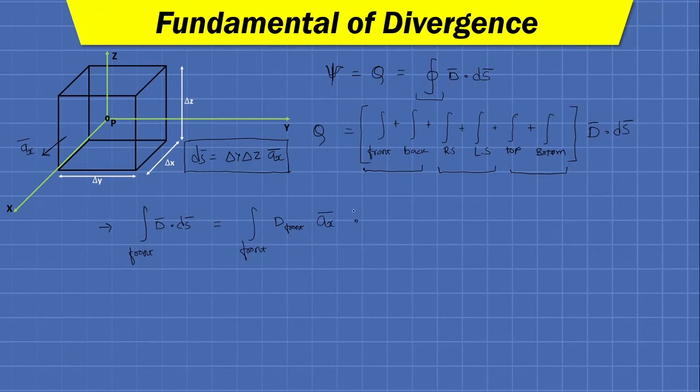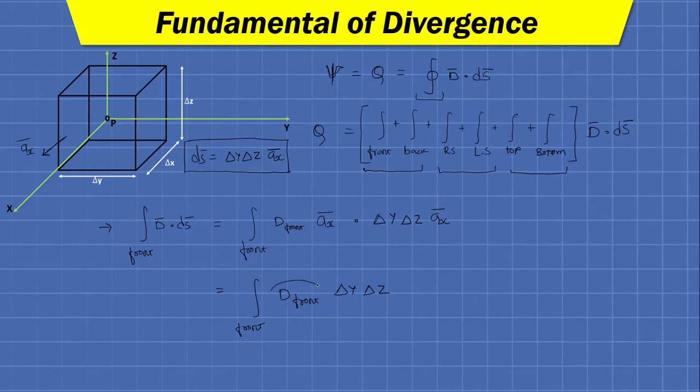Then the dot product will be delta y delta z, and ax bar dot ax bar will be 1. So finally we will only have D front into delta y delta z.